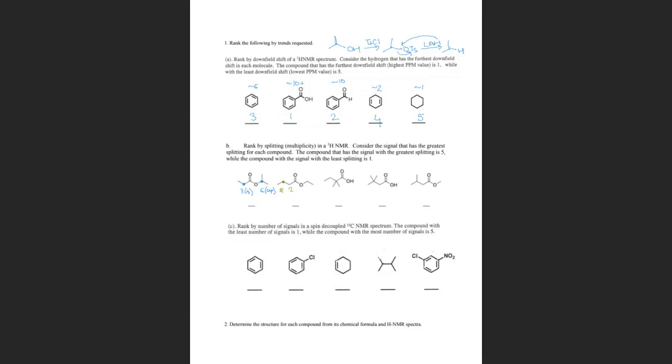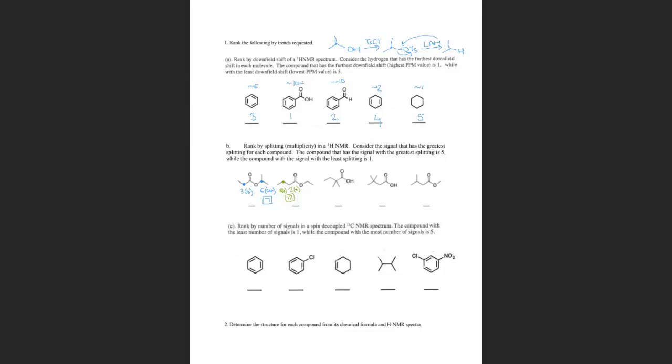So these 3 hydrogens become a quartet, and those 2 hydrogens become a triplet. So when we're counting splitting, we multiply that together. So a quartet of triplets would be 12 peaks. And then with the first molecule that we did, that septet would be 7 peaks.